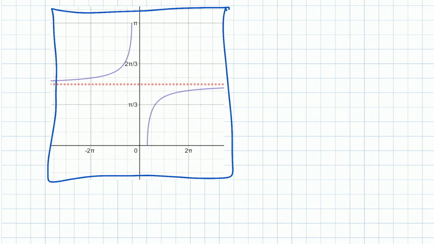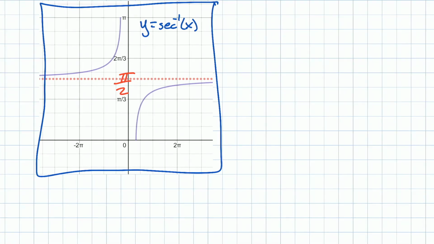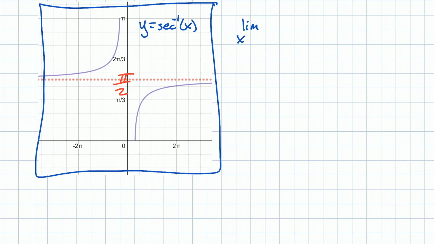So again, on this graph, this middle value here you can see is pi over 2. Now, what is this function? Well, I'll tell you. This function right here is the graph of secant inverse x. So from this graph, you should be able to see that the limit as x goes to positive infinity of secant inverse x is pi over 2.